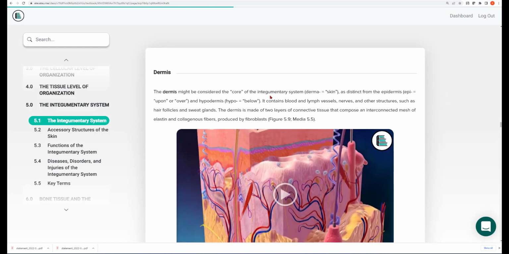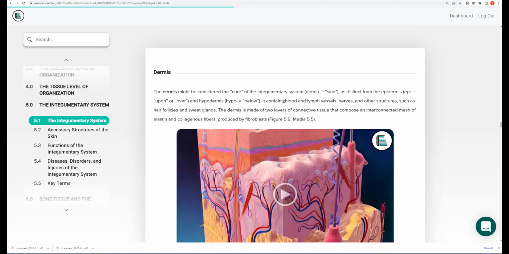Now, the dermis is the deeper layer of the skin, and it is where all the business of the skin is. This is where the blood vessels are, the lymphatic vessels, the nerves. This is where the hair follicles and the sweat glands are primarily found.